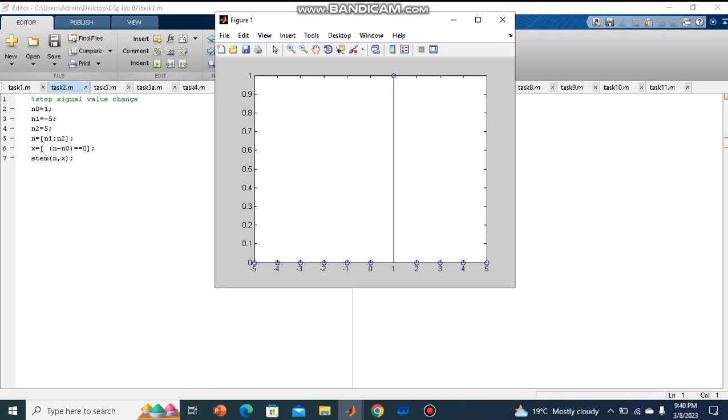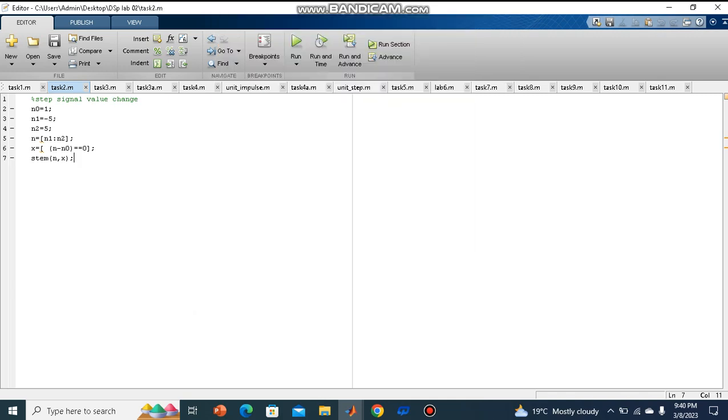This is the only single line we have shown, but before that we were shown more than one line. We can see that by changing only the values, we see a huge change in the result of the step signal.